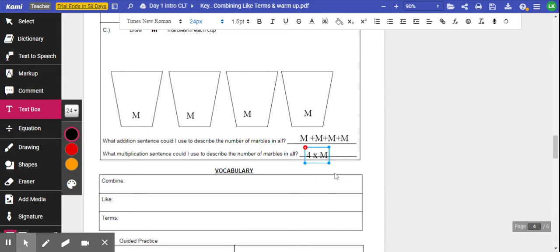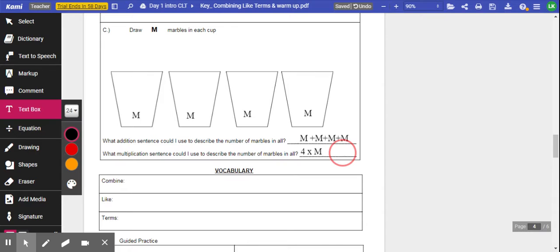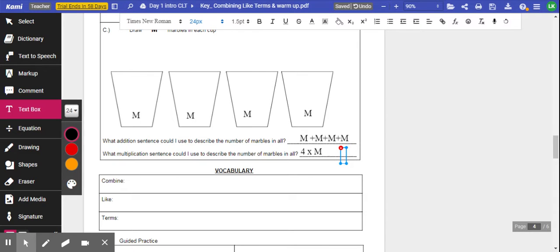Wait a minute. Do we know a better way to write this? 4 times m? We do. I'm going to write it over here. What's another way I can show multiplication happening between 4 and m?